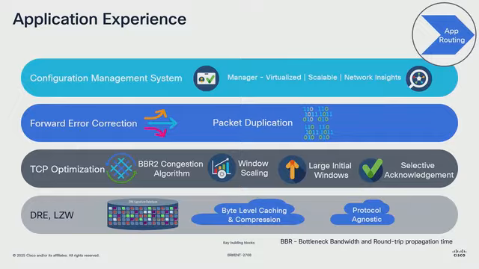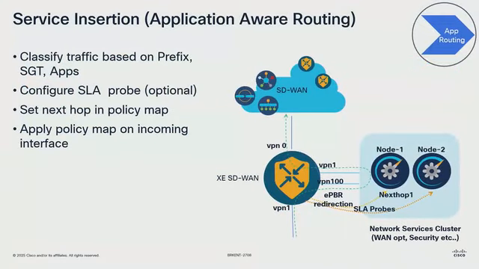So LZW compression, along with TCP optimization and the forward error correction in this platform, makes it the number 1 platform, not just from Cisco, but from any vendor for traffic resiliency, especially when you have lossy connections, maybe high latency, high packet loss, that kind of thing, which you can often have in remote locations.